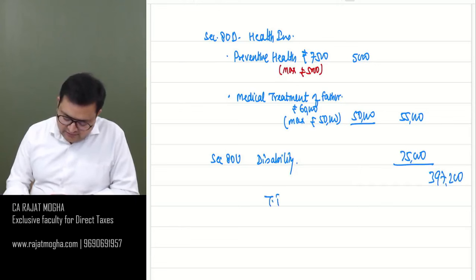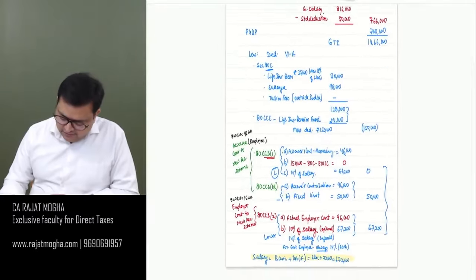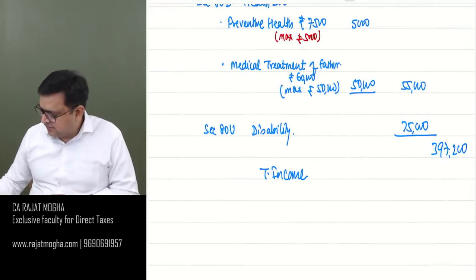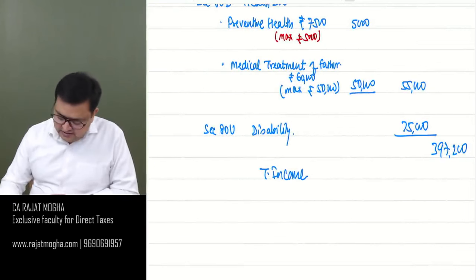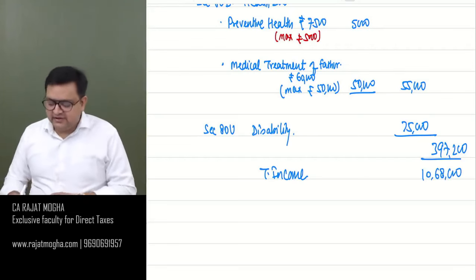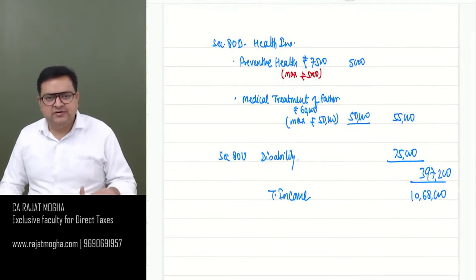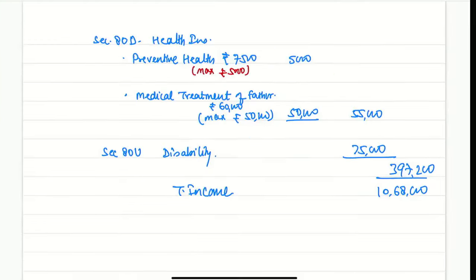And our total income would be 14,66,000 minus that, so 10 lakh 68,000. I think we can calculate the tax liability as per optional regime. So that is not a big problem. Everybody has done it or not?